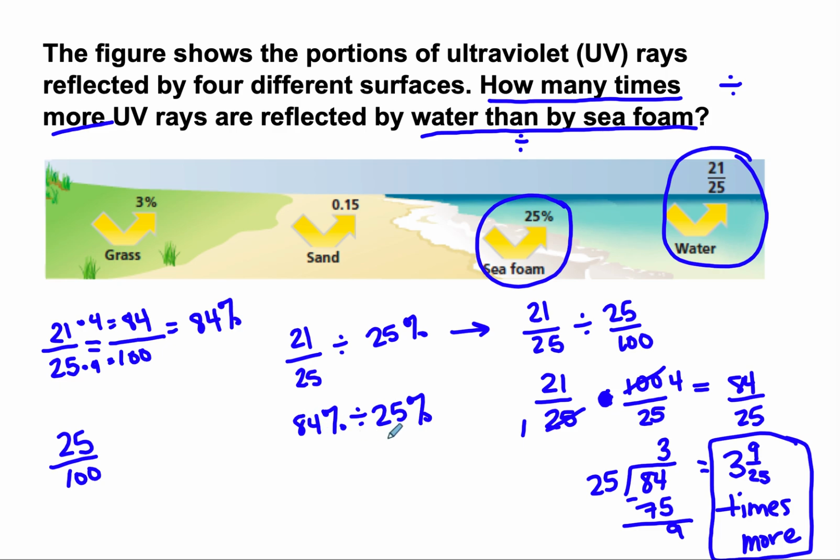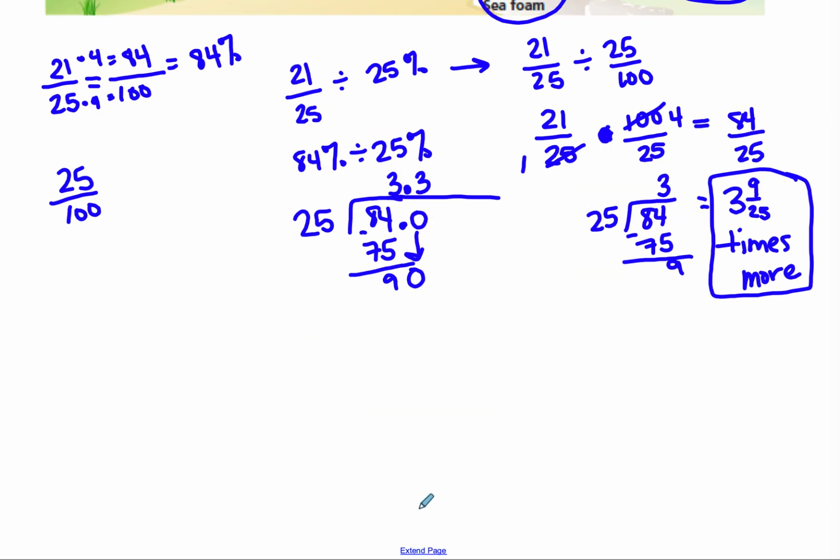If I was doing the percents, I would still write 84 divided by 25, which we already said was 3. But let's say I wanted to do a decimal this time, if I was just dividing with the percents. I would add a decimal and a 0, bring it down. Got to bring that decimal point up too. 25 goes into 90 still 3 times. 3 times 25, 75 again. 90 minus 75 is 15.